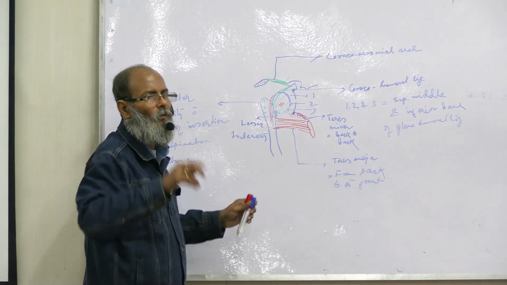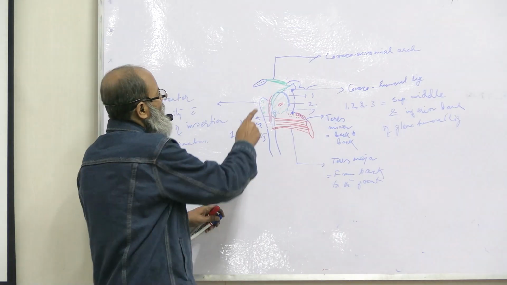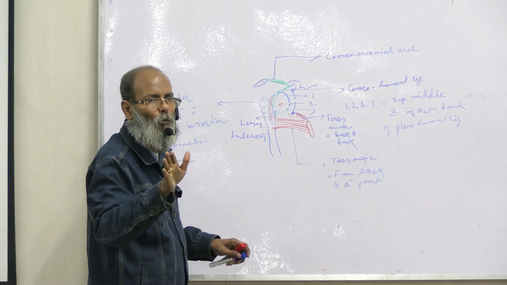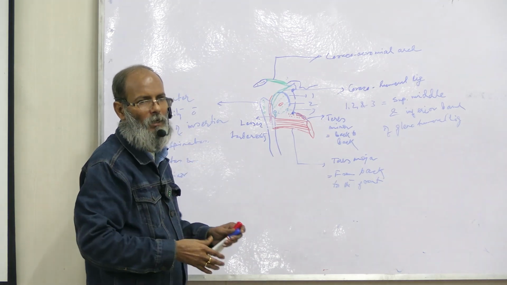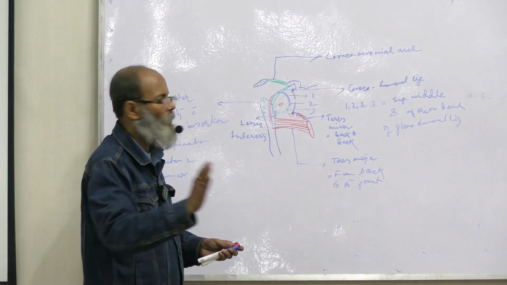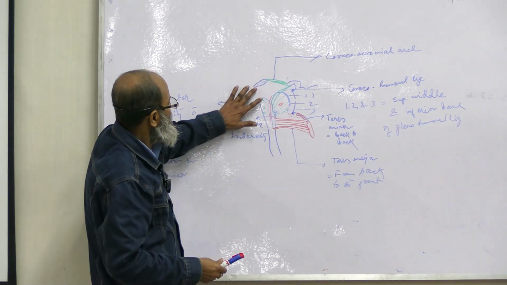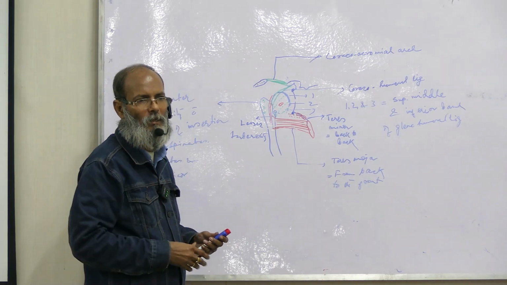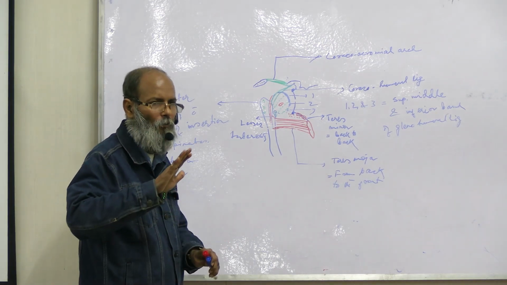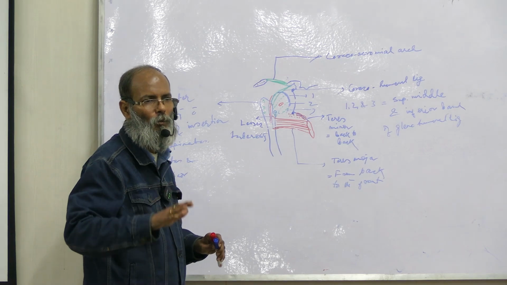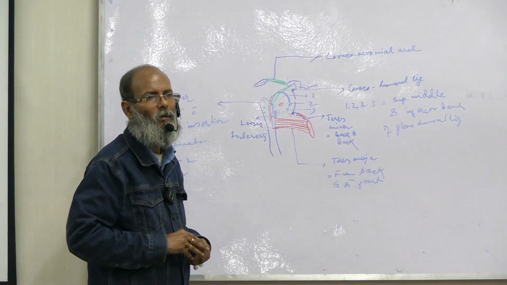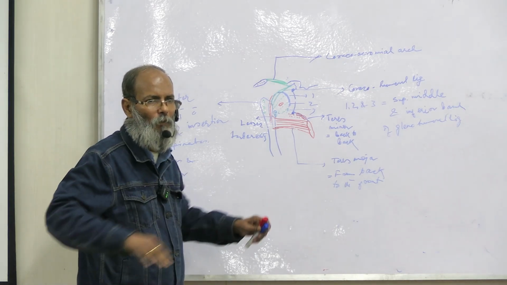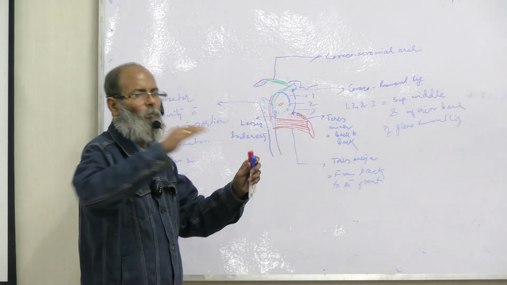And the transverse humeral ligament that connects the two lips of the bicipital groove acts as a retinaculum to hold the tendon of the biceps attached with the bone. What does the retinaculum do? Prevents bowstringing. There are so many tendons, when they try to contract, they will bend like this.